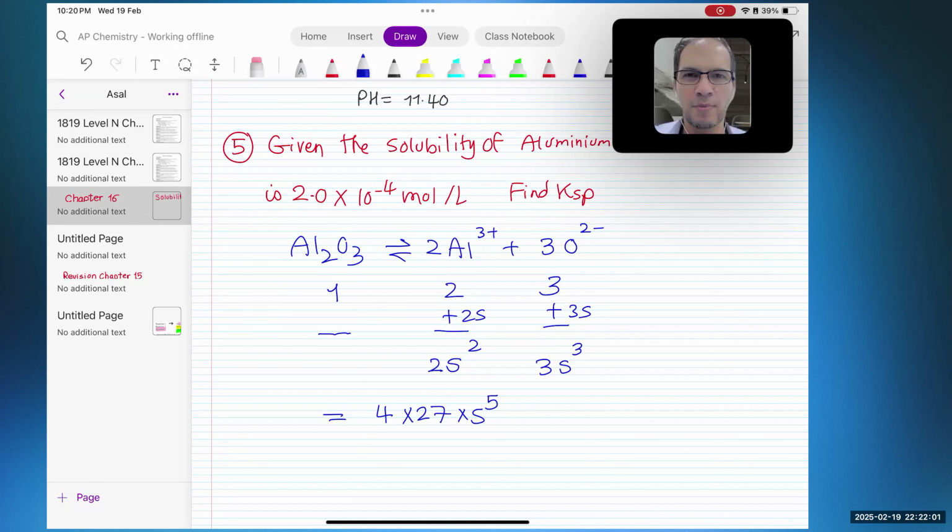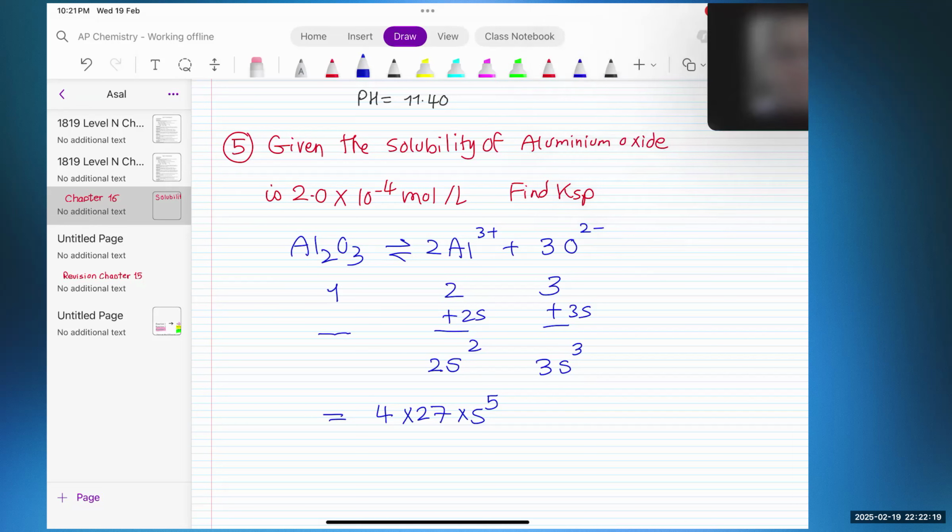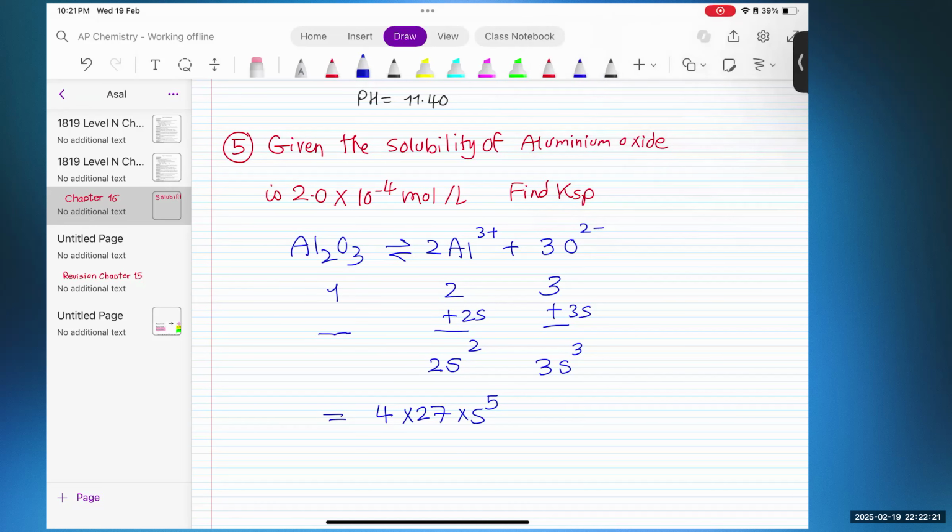No, it will come right. 2 to the power of 2 is 4, 3 to the power of 3 is 27, multiplied by 4, multiplied by s to the power of 5. They give different concentrations, given the solubility of aluminum oxide. This is the solubility.